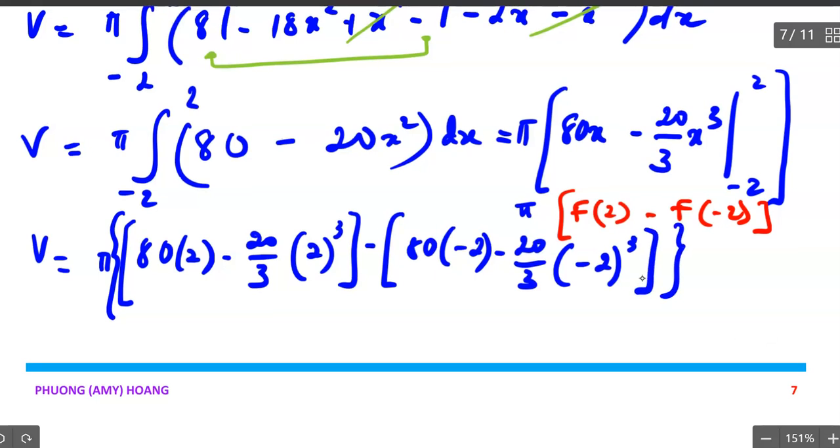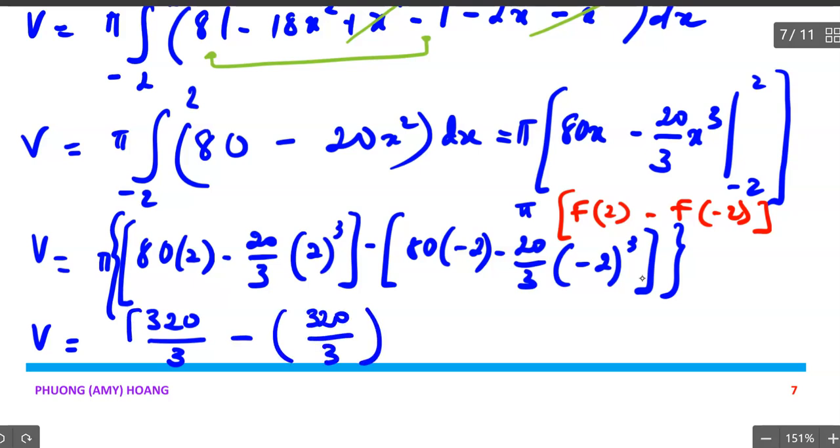Close this. So I should have 320 divided by 3 subtract 320 divided by 3, multiplied by pi. This is my f of 2, and this one should be a minus, and this one should be my f of -2.